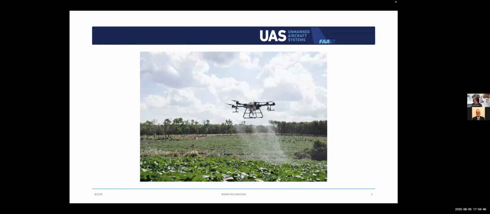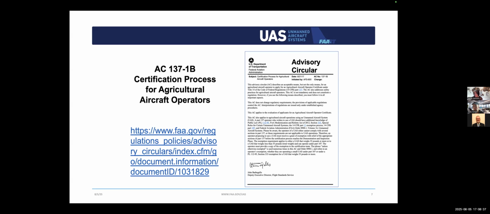If the substance you plan to dispense does fall within the definitions in 137.3, you're going to refer to the certification process for agricultural aircraft operators for guidance on the requirements you must meet before dispensing it. And so that's an advisory circular that's very, very important. All right, moving on.